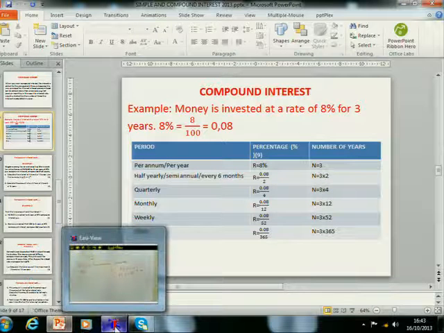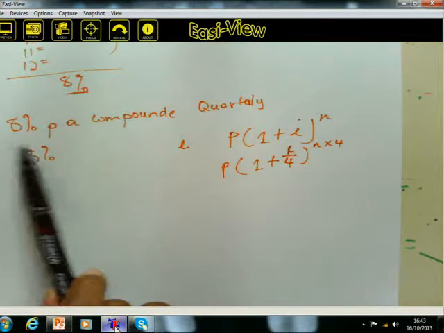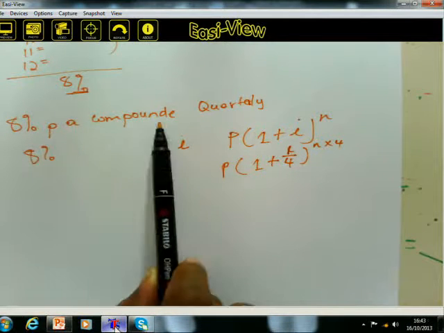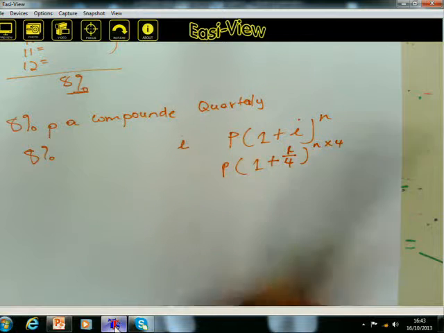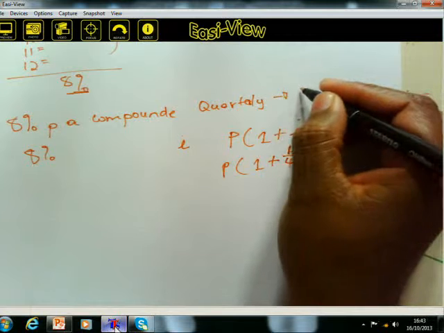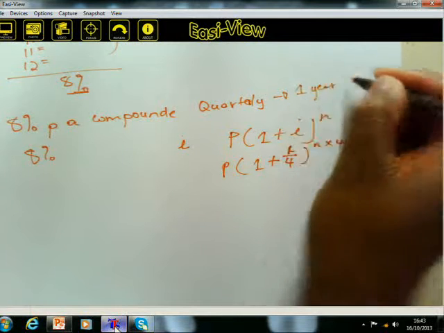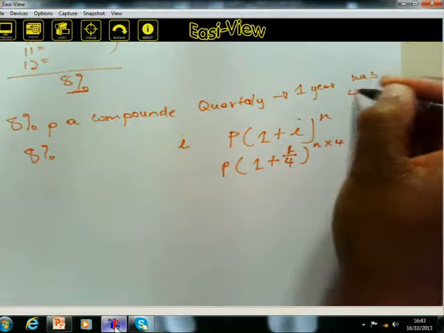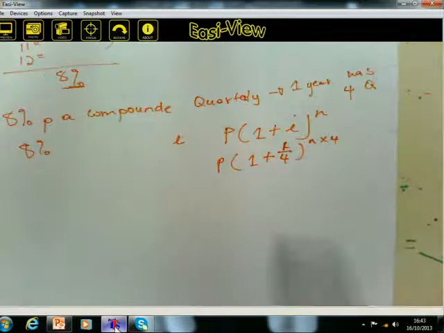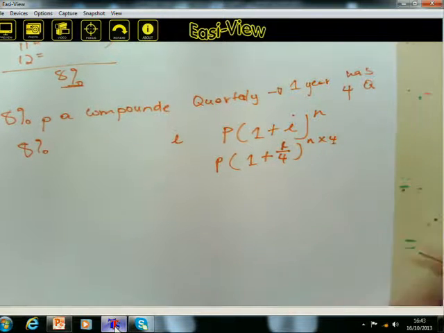So let's see now. What I've been saying is that because we said 8% per annum compounded quarterly, we know that in a quarter, that means each 1 year has 4 quarters. So now that means this 8%, we're going to divide it by 4, and then the number of years we're going to multiply by 4.